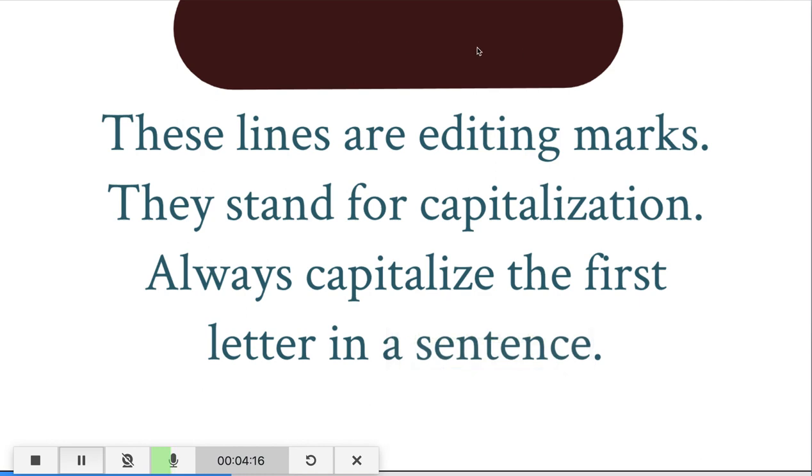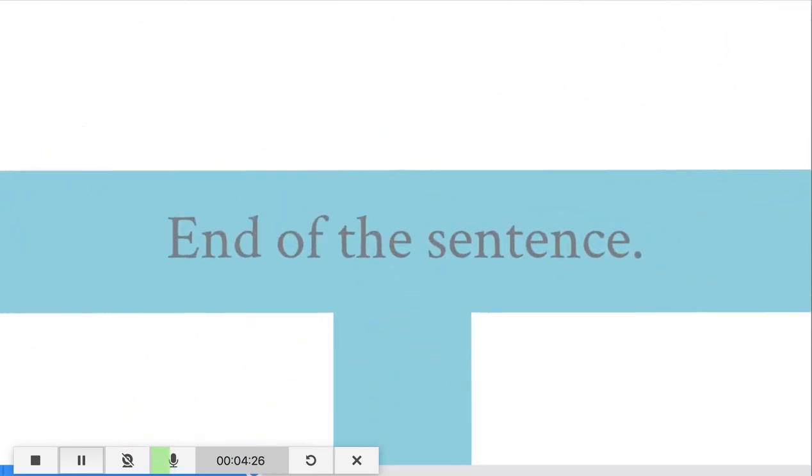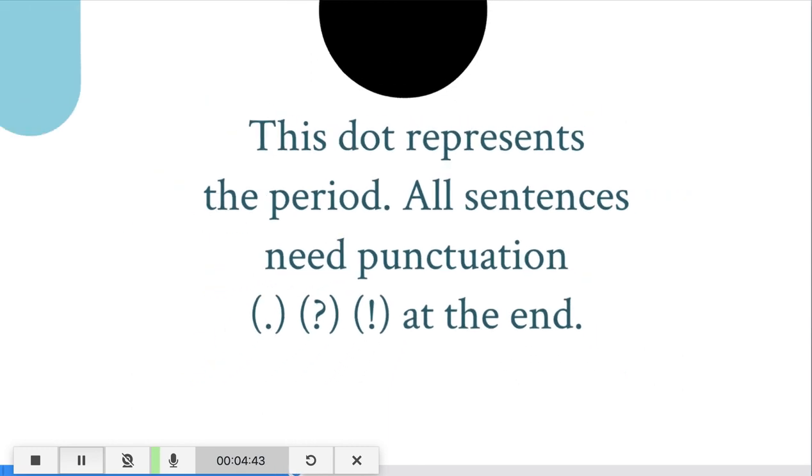Anytime you see these three lines, that means the first letter of each new sentence must be capitalized. But I know that you already know that. Of course, at the end, we need to make sure we have punctuation. A problem that many students have is that their sentences are too long. They use comma after comma after comma, and that is not an effective way of breaking up a sentence. Now let's see.